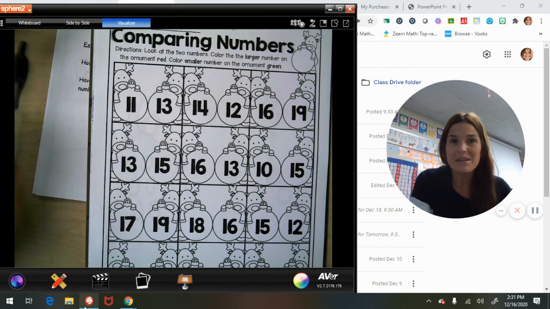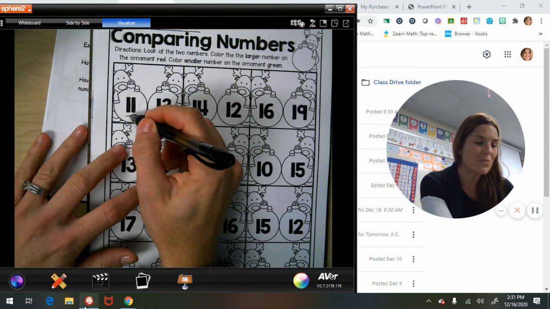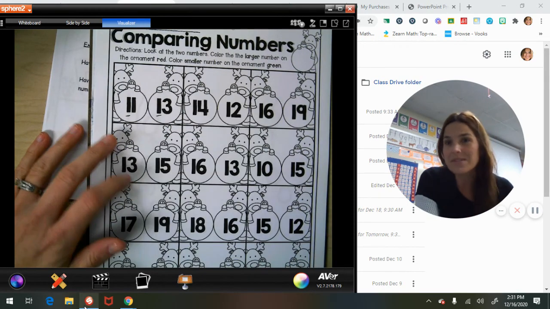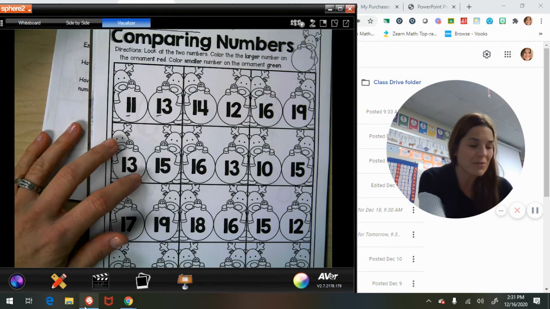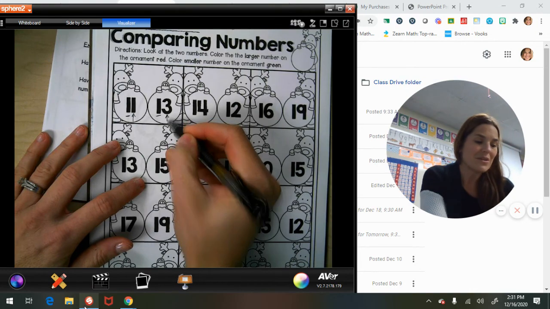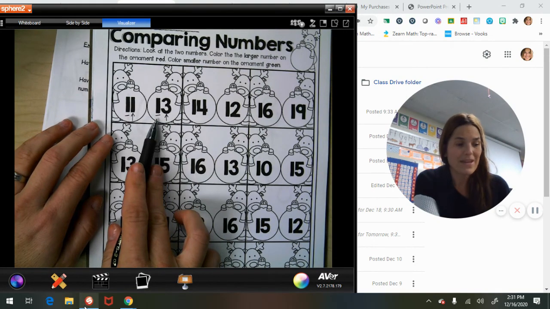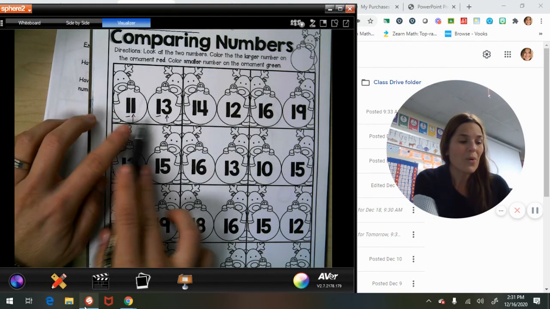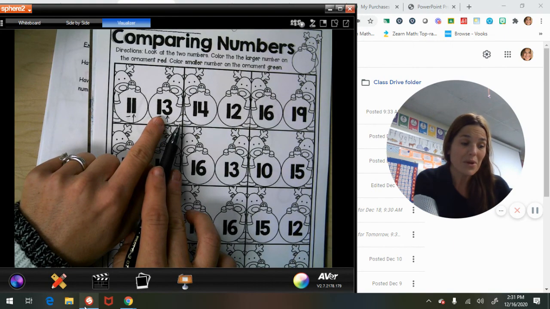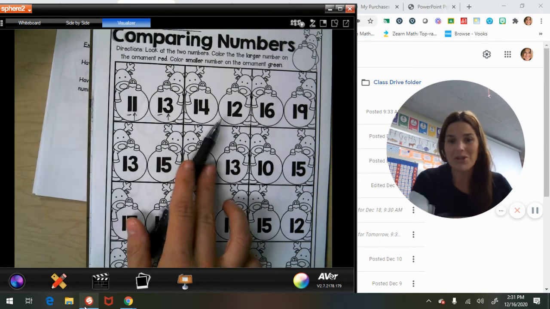Just like I said before, when we're looking at these two numbers, remember that the ones are equal, they're the same, so we're not going to look at those. We're going to look at the second numbers. So 1 and 3. We did that one together. 3 is more than 1. So I would color the number 13 red, and I would leave the number 11 green because it is smaller.